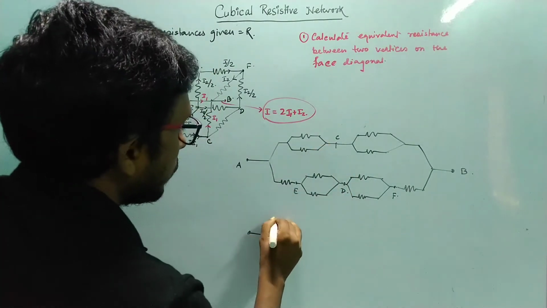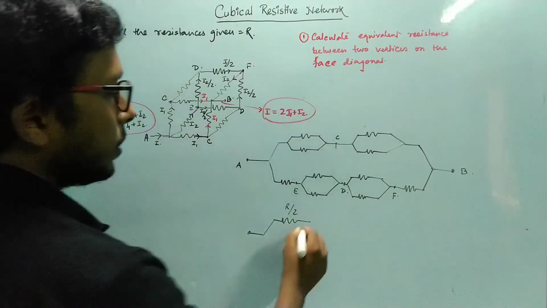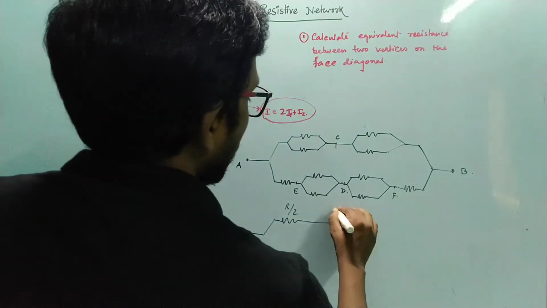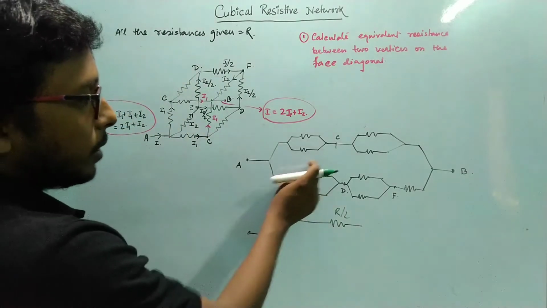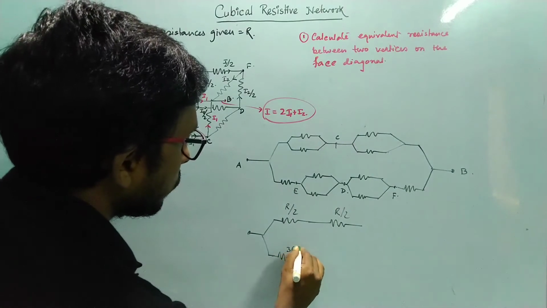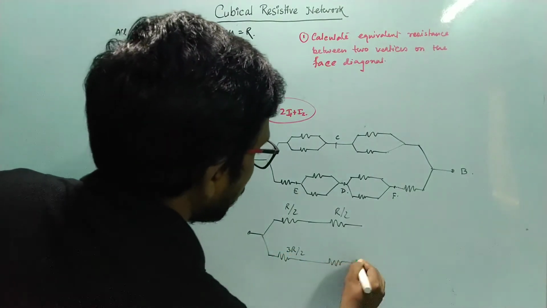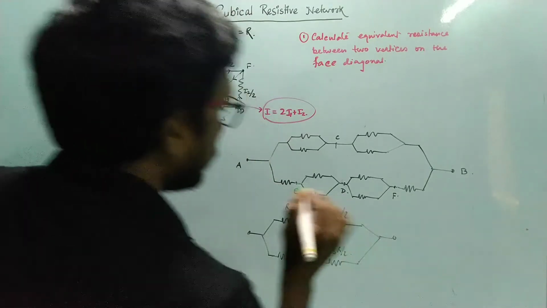Now these two resistances will give you R by 2, and this R by 2, and you can see R by 2 plus R, that is 3R by 2. Now this is R and it is in parallel with 3R by 2.